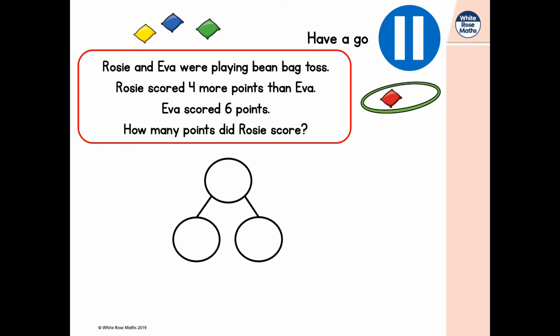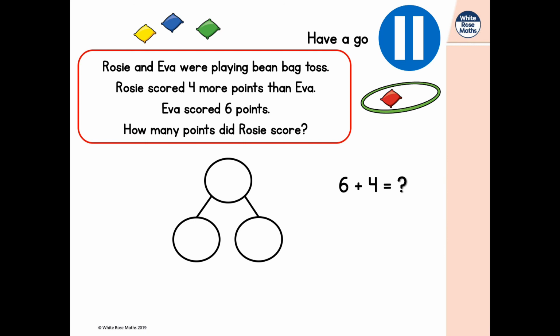I want to find out how many points Rosie scored, so I can think of the question as 6 for Eva plus 4 more would tell me how many Rosie scored. Now, where will I put those numbers? Will they go in the parts or in the whole?